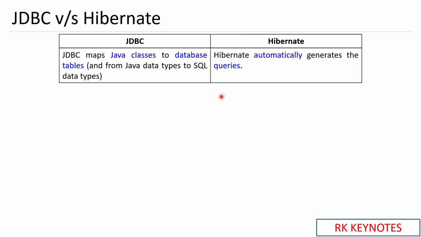And while performing JDBC connection, we used to type the code manually, right? But in Hibernate, everything happens automatically just by creating configuration files. So the JDBC code will get generated automatically for us.